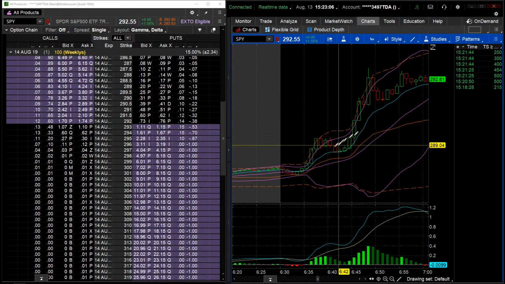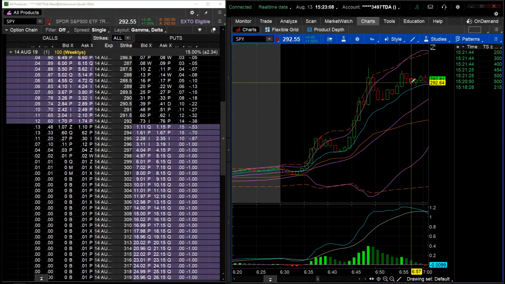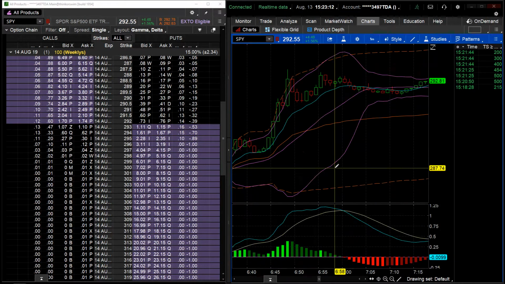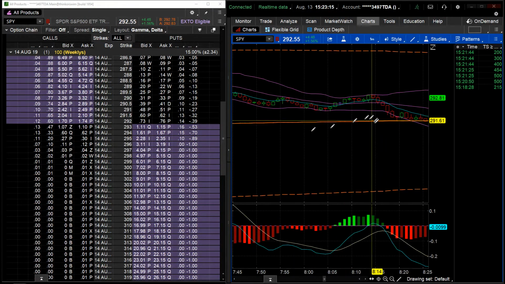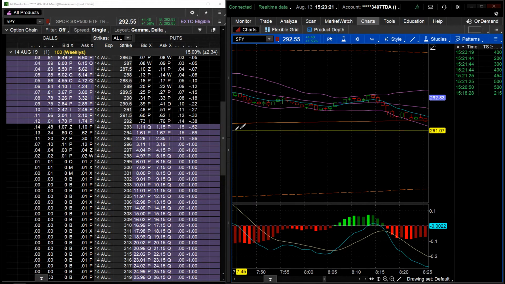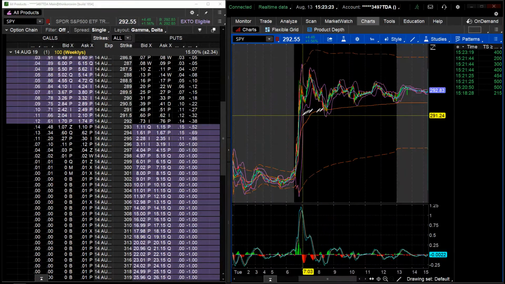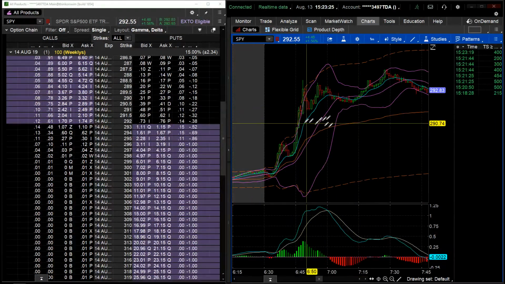So as the stock is going up, the puts are going down, and as the stock is going down, the calls are going down. So that's how it works.